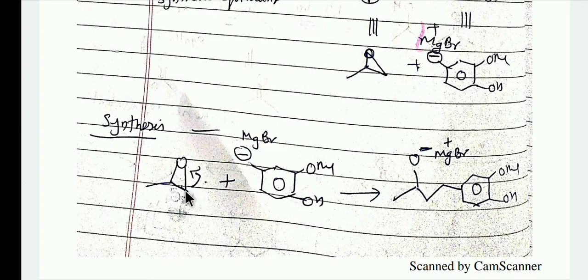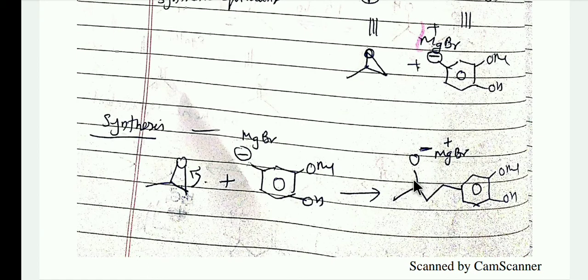Here the bond prepared between this carbon and this carbon atom is illustrated here. This is the bond, and here O minus reacts with MgBr because Mg contains a positive charge, so OMgBr is formed here.